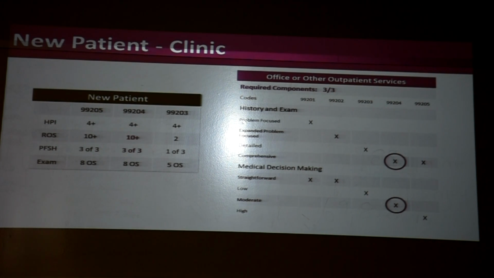The HPI, in all the charts I've reviewed, we really don't have a problem with. You guys do a great job of that, which is a good thing, because if we don't have 4 HPI, we're going to drop even lower than that 3. You're going to go down to a level 2. Again, this is truly the work that you've been doing, and just forgetting to document that element. You probably did it, you asked the questions. It's just making sure that you're documenting everything that you're doing.